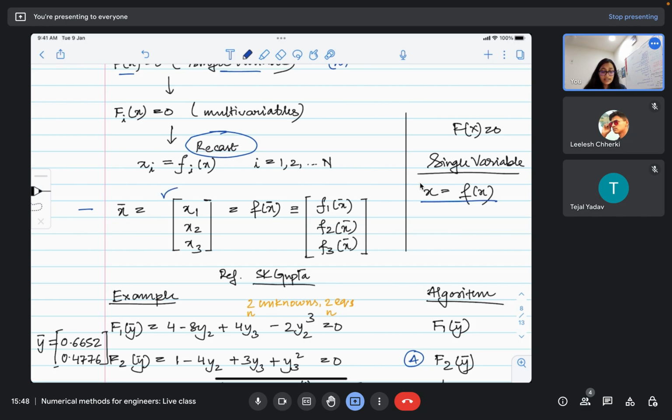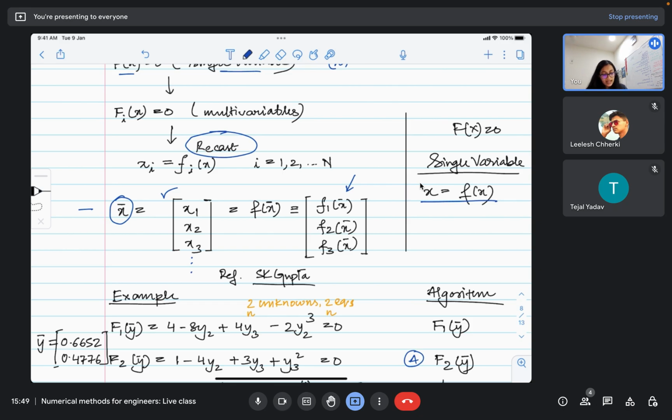It just won't be one variable. Since there are many variables, it will be x1, x2, x3 and so on, recasted in the form of f1, f2, f3 with the help of all those multivariable values. So x bar basically stands for x1, x2, x3 and all the other variables.